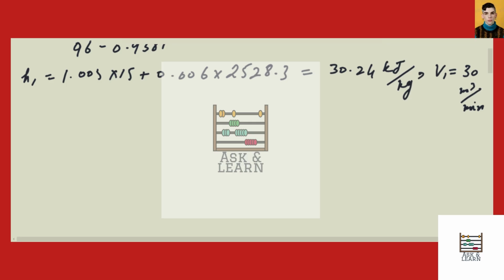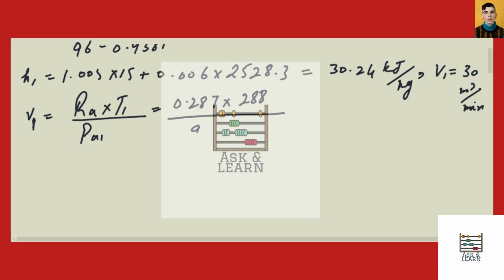So guys, for small v1, that is equal to RA into T1 divided by PA1, and that is equal to 0.287 multiplied by 288 divided by 95.062, and that is equal to 0.869.